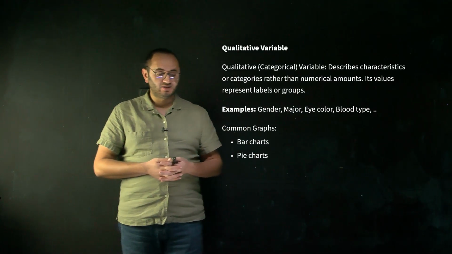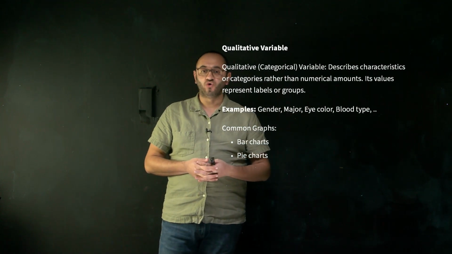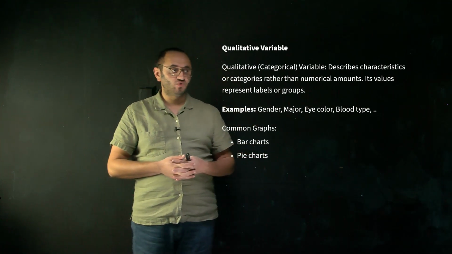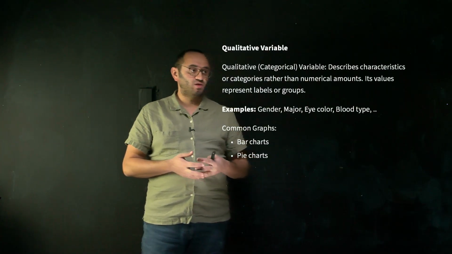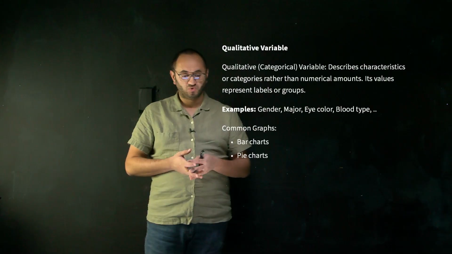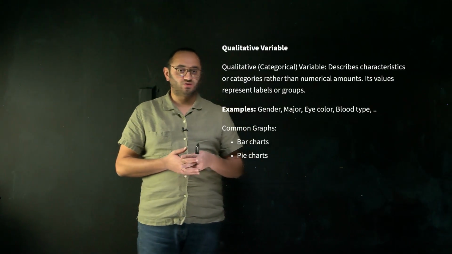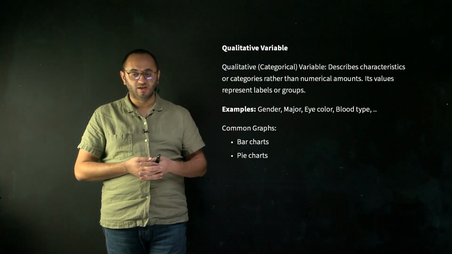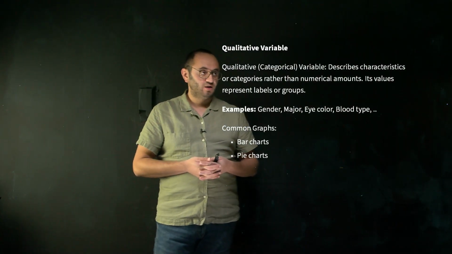The next is a qualitative or categorical variable. It describes characteristics or categories rather than numerical amounts. They represent groups or labels.